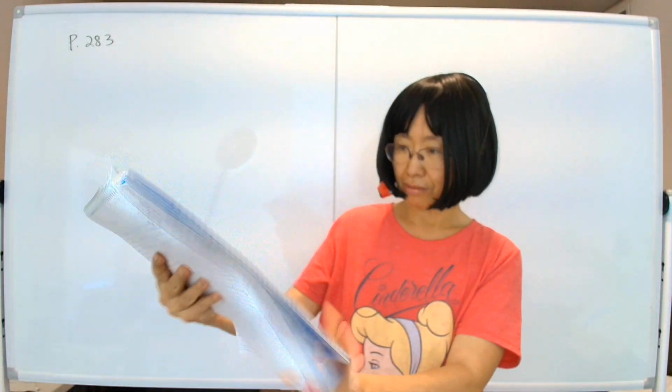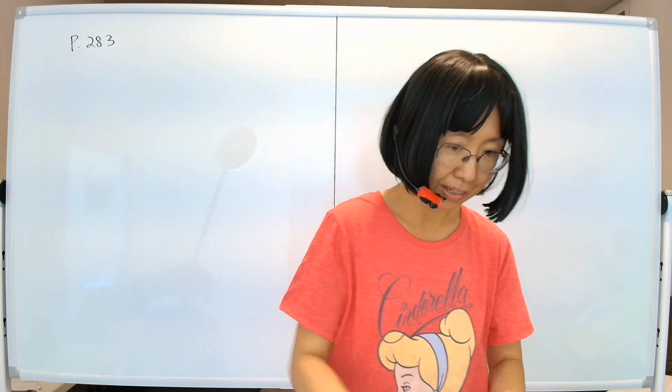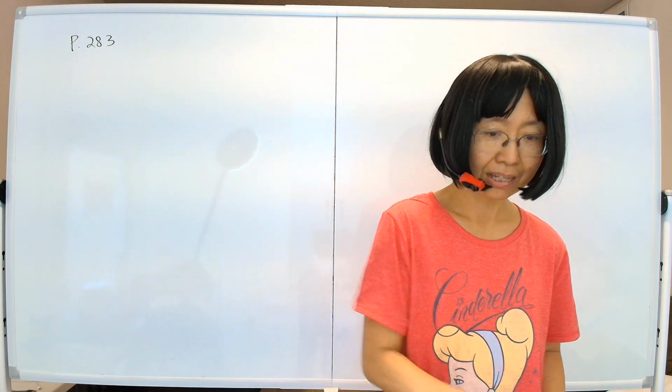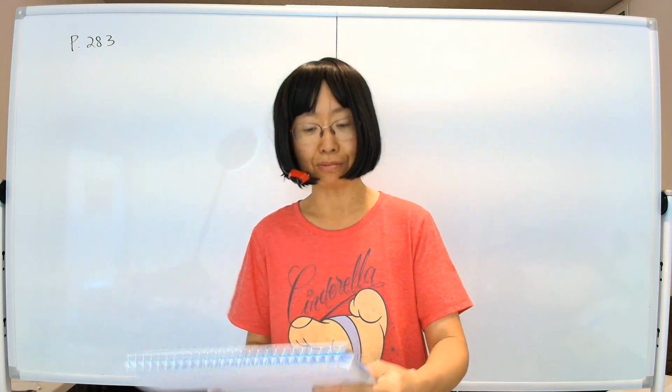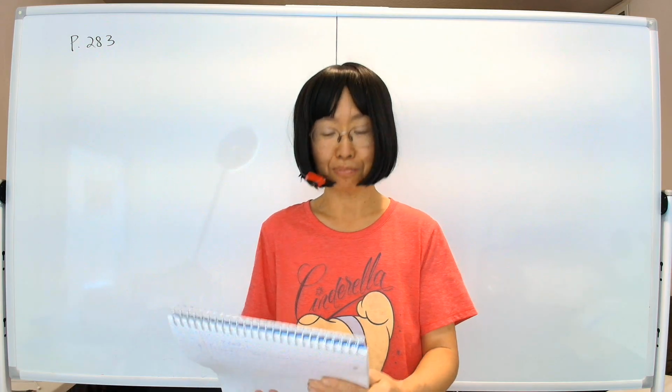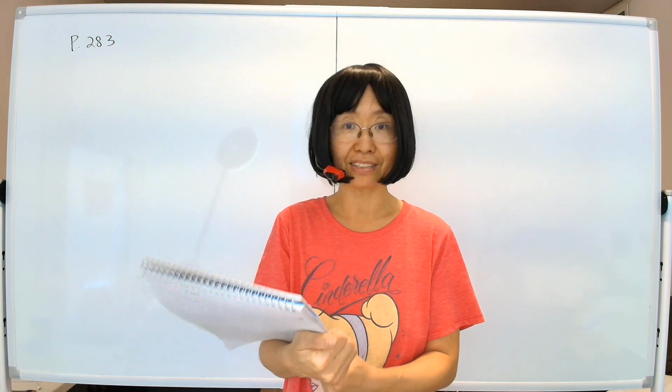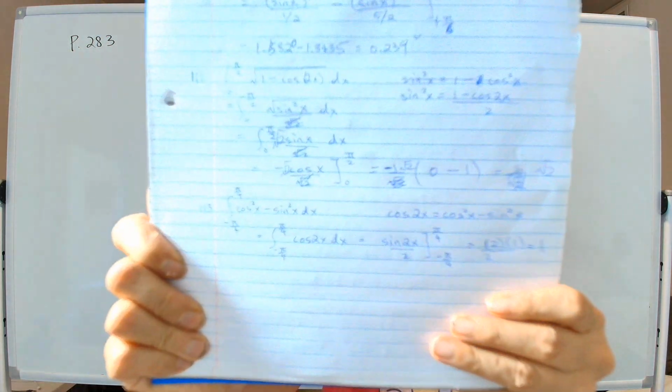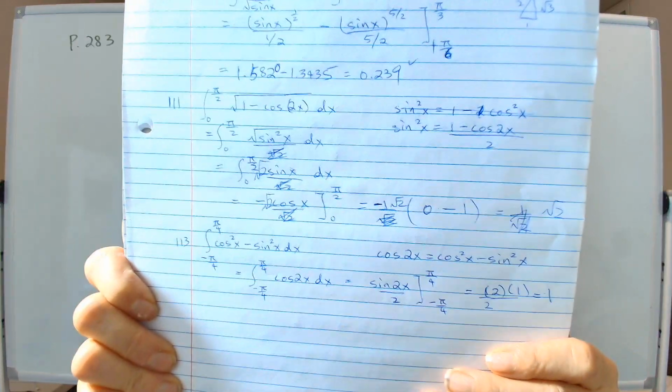I'm worried about something becoming negative. Okay, I just remembered that from 0 to pi over 2 sine is positive, so we don't have to think too hard. So, continuing what I was saying.